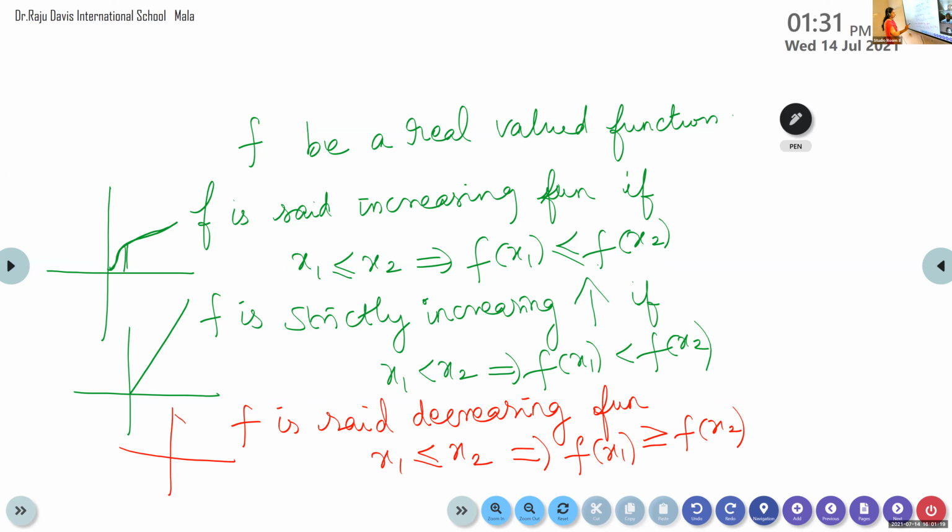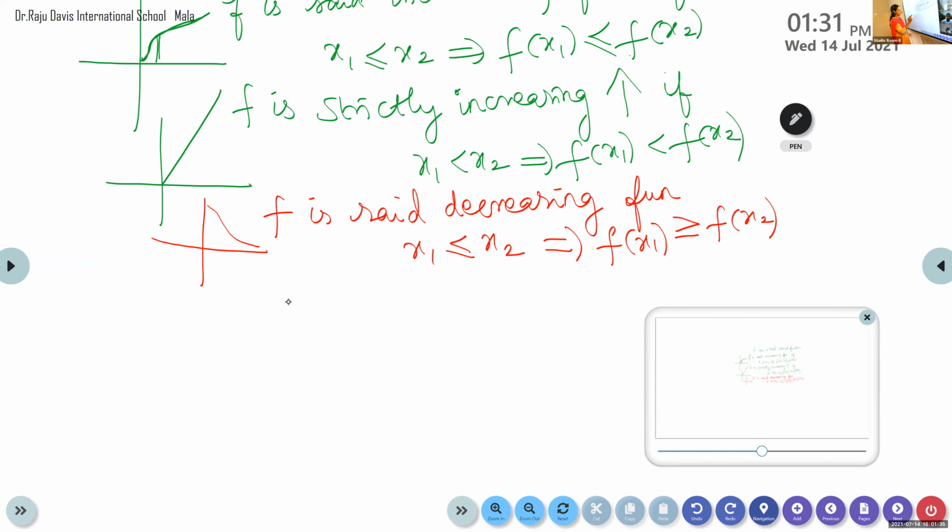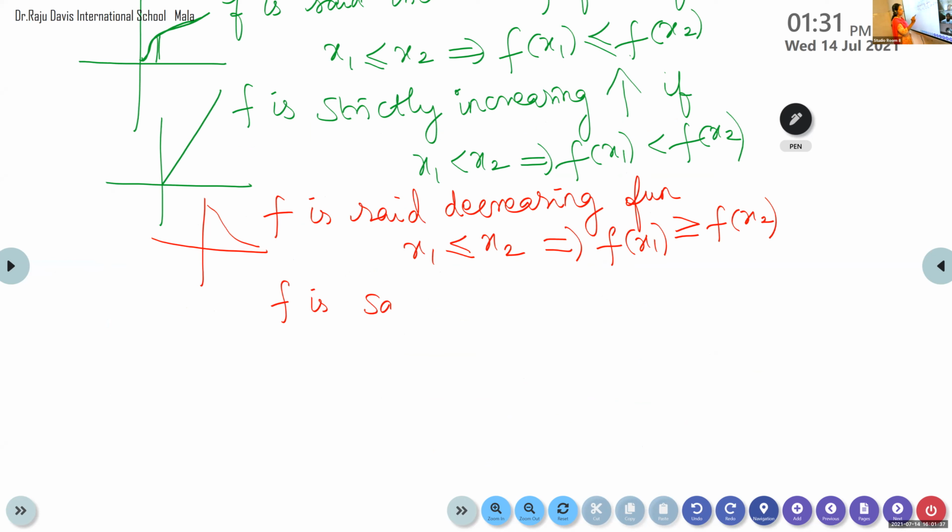Okay, so imagine a graph coming from the top like this. x is increasing, but correspondingly f of x value is decreasing. And f is said to be strictly decreasing. Look at this, I use this notation. Not only me, in textbooks and reference books also you can see this notation.